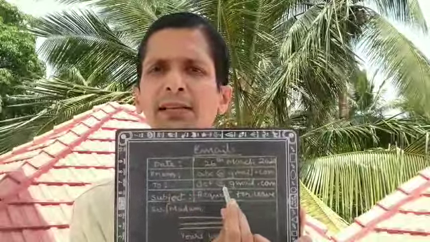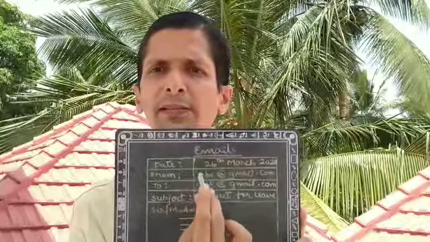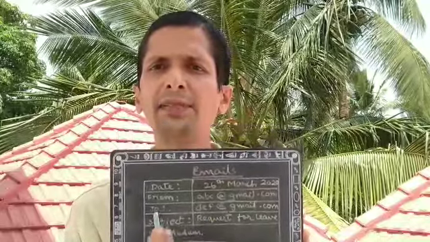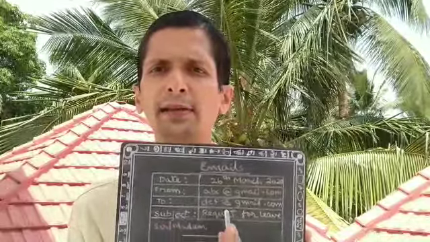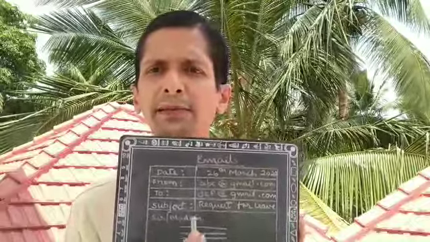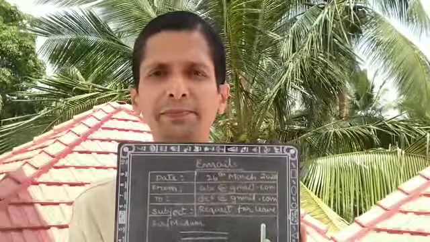The first address is the from address, that is our email ID. After that comes the to address, or the email ID of the person to whom we send the email, and the subject will depend on the kind of question that we get for the exam.